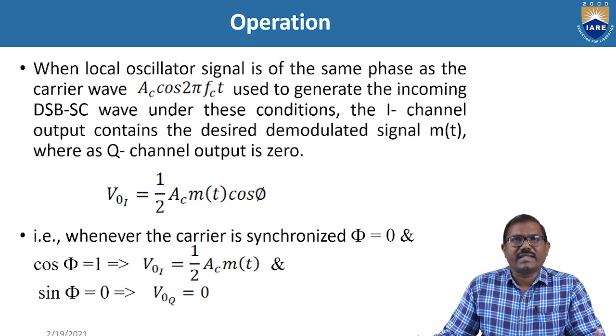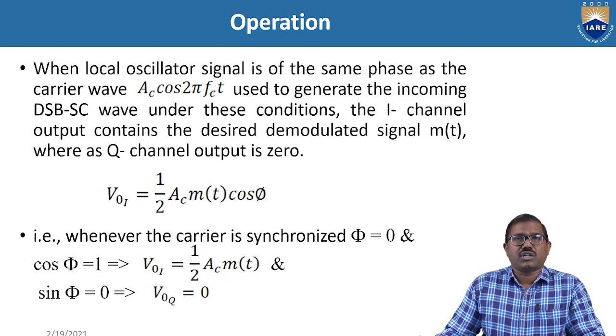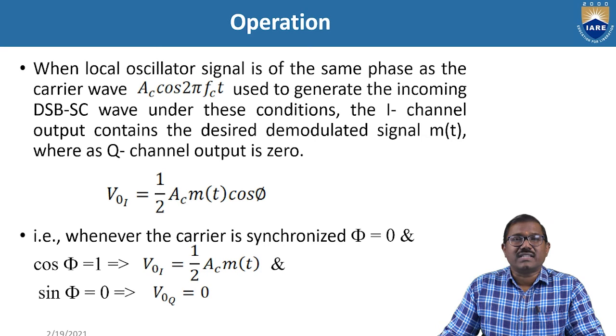Now the working operation of this Costas loop. When the local oscillator signal is of the same phase as the carrier wave Ac cos 2 pi fc t used to generate the incoming DSB-SC wave, under these conditions the in-phase channel, or simply the I channel, output gives the desired demodulated signal m of t, whereas the Q channel, or quadrature channel, output is 0.